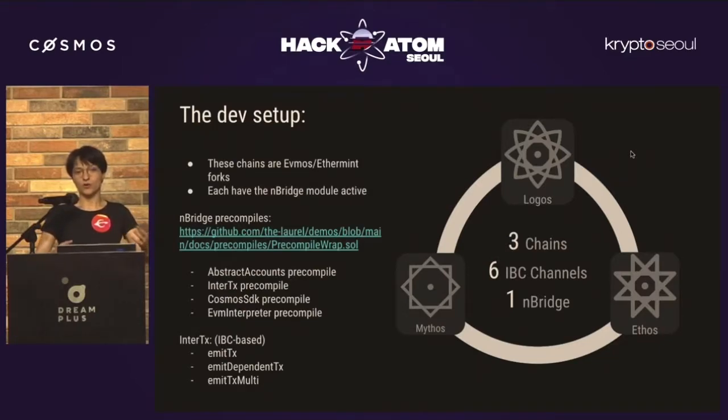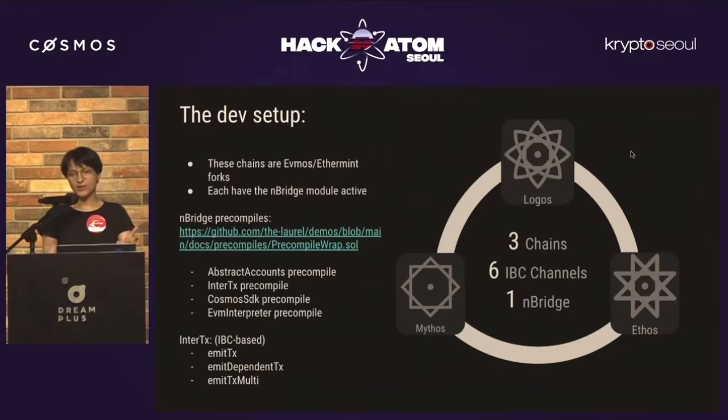And it's part of what we call our Quasar system of bridging the EVM and Cosmos APIs. And the Evm Interpreter precompile. The intertransaction precompile has 3 main functions that are quite important. You have emit transaction, which allows you to do an IBC transfer from the EVM.